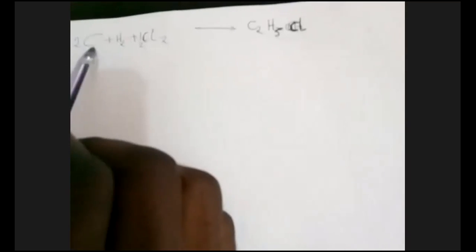So what I've written here is that if I combine solid carbon plus gaseous hydrogen plus gaseous chlorine, it will give me phenyl chloride, probably in gaseous form. And then you write standard enthalpy, so you put a 0, and this is of formation.